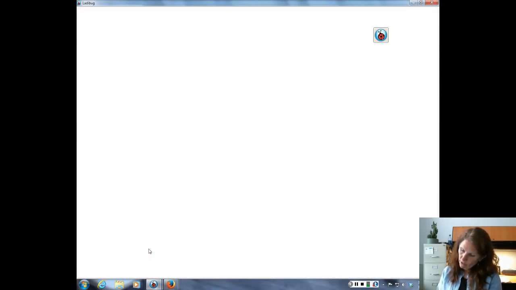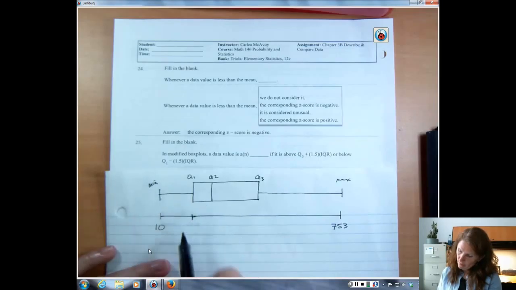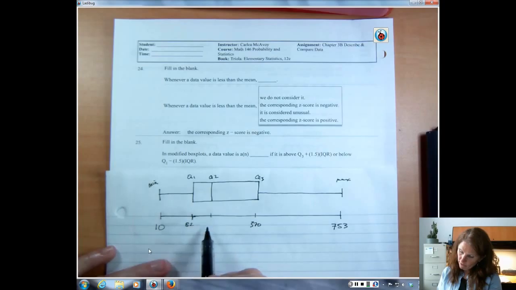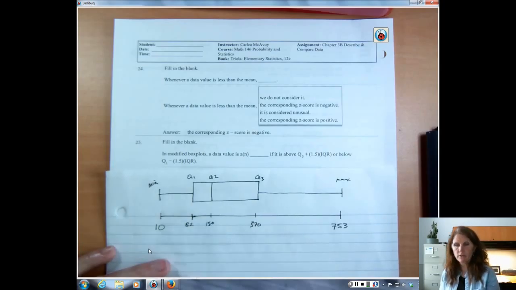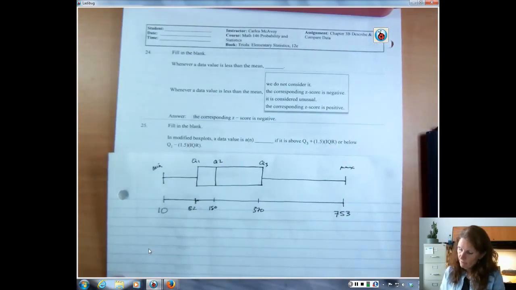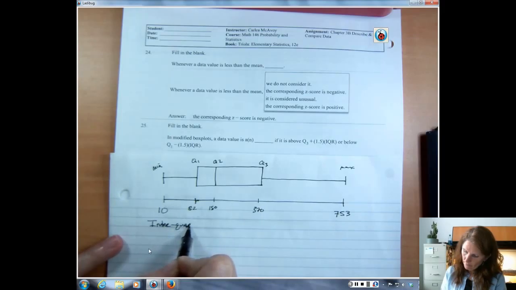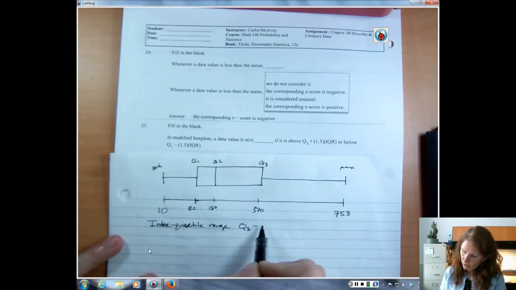So my quartile 1, let's have that be 82, and my quartile 3 will be 370, and my median will be 150, and forgive the bad drawing. But when I want to find the interquartile range, that's just the difference between the third quartile and the first quartile.